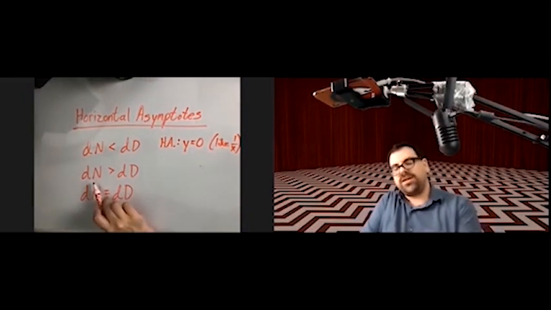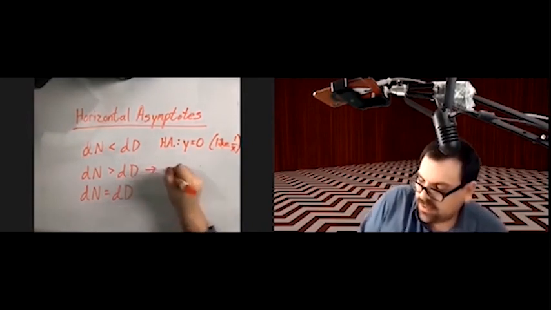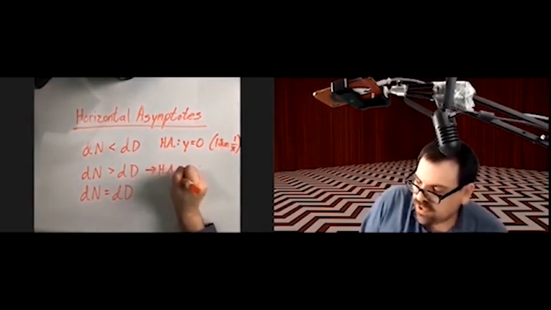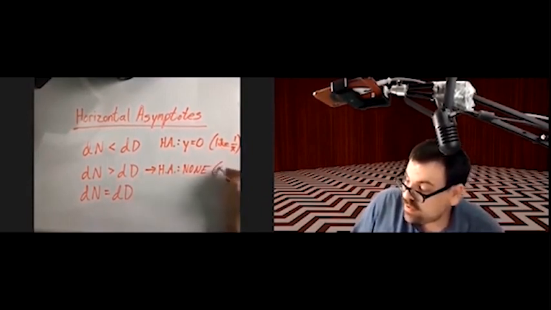If the degree of the numerator is greater than the degree of the denominator, then the horizontal asymptote is going to be none. There's going to be a slant instead.